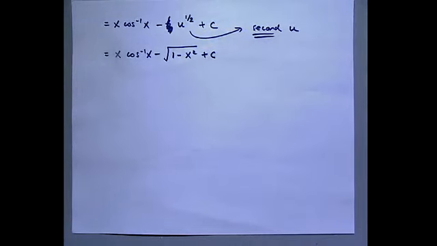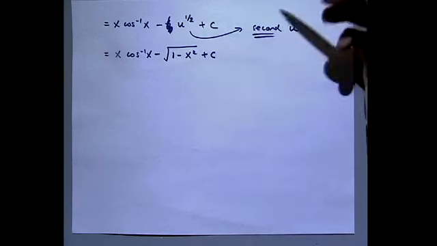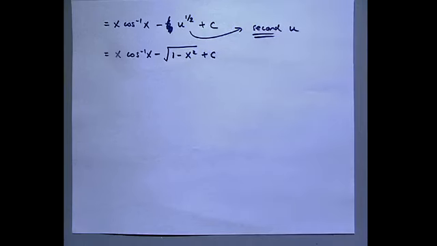So the first set of u, that only got me to after the integration by parts. The last integral I had to do had nothing to do with the first set of u and dv and all that. The second set of u took care of the integration by substitution part of the problem. Questions?